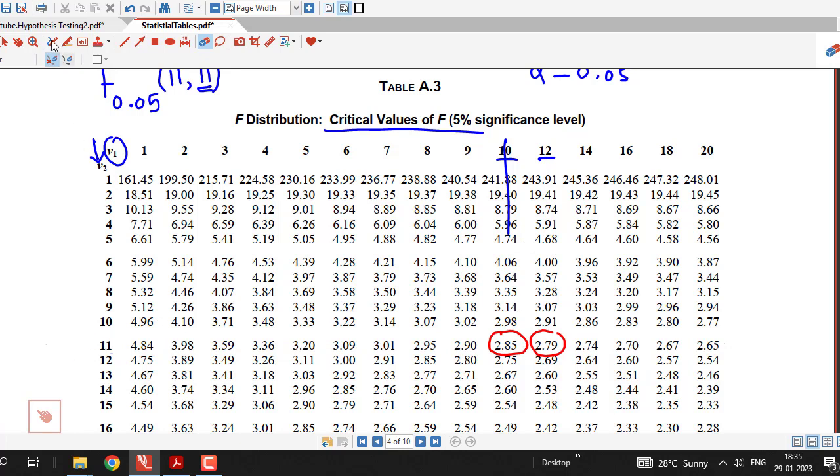You can see I have 2.85, that is for 10 degrees of freedom in the numerator, and 2.79 for 12 degrees of freedom in the numerator, and both correspond to 11 degrees of freedom in the denominator. I take the average of these two, 2.85 plus 2.79 divided by 2, and this turns out to be 2.82.